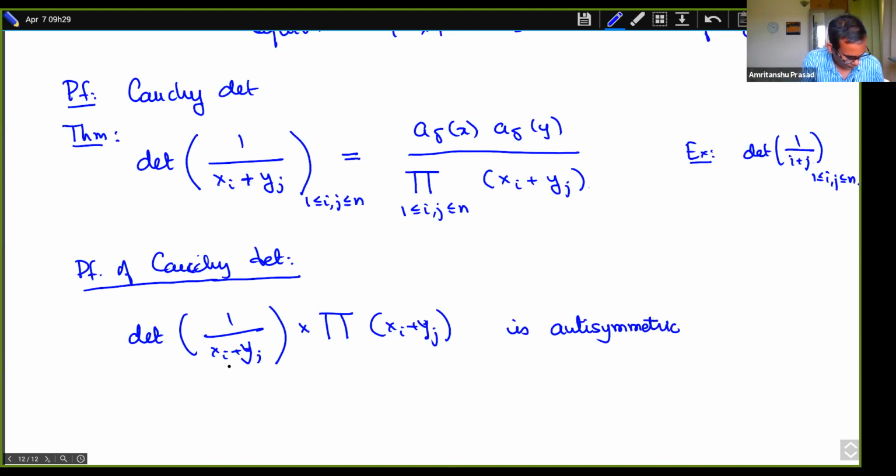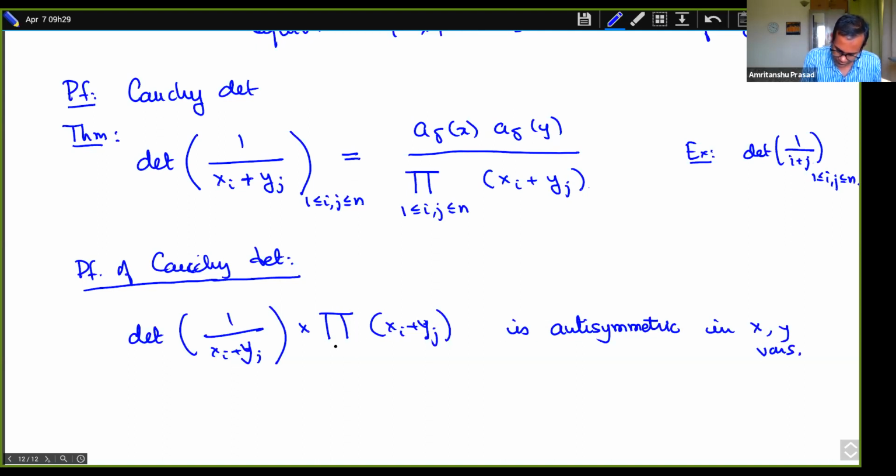In both sets of variables x and y. Okay, this guy is not a polynomial, but once I multiply by this, then I can take the first row and multiply it by x1 plus y1, x1 plus y2, x1 plus y3.